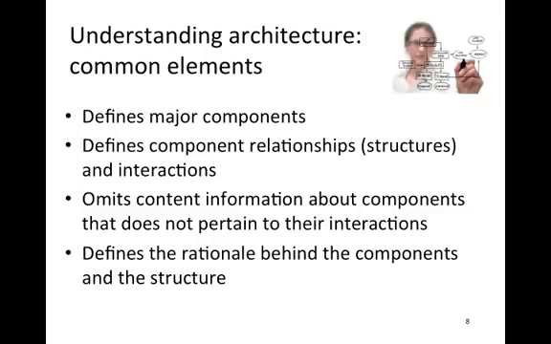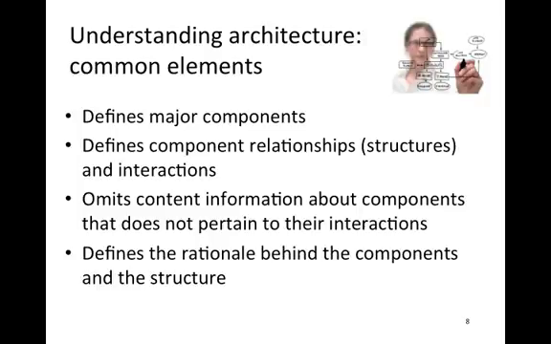So when we talk about it, there are some common elements to an infrastructure. Clearly, we want to define the major components. And what are components? Components are things like user interfaces. Components are things like business logic modules. So how do we divide up, how do we organize our software into logical components that can be developed and executed and described with this architecture?